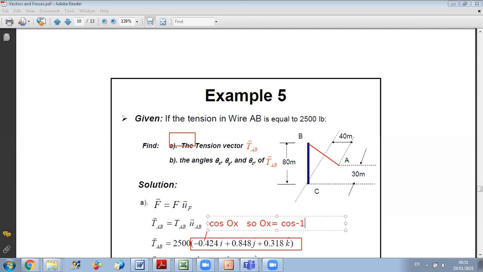So it's cosine minus 1 of minus 0.424. And I will get the same result because this component of the unit vector is equal to TABX over TAB, so it's equivalent. And the same, I can say that theta y is cosine minus 1 of 0.848, and theta z is cosine minus 1 of 0.318. And I will get the same angles, of course.